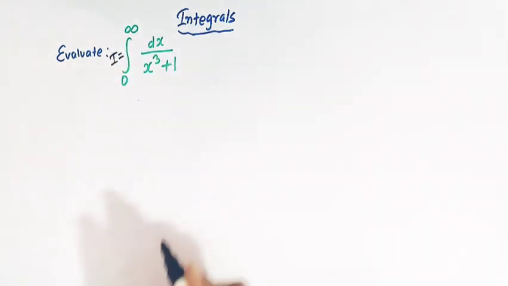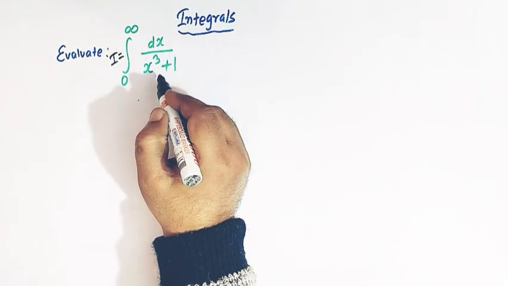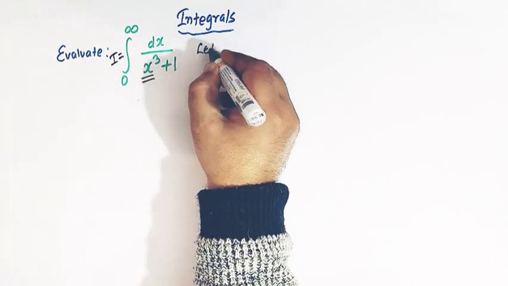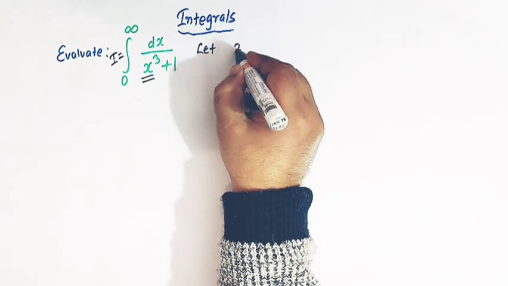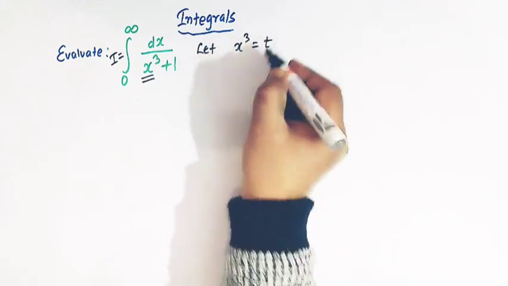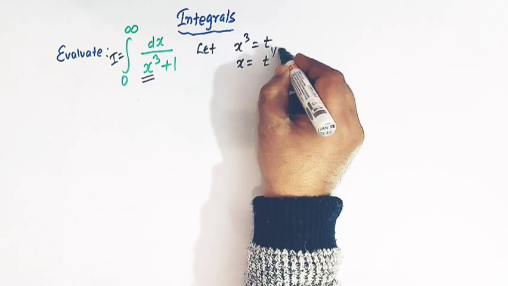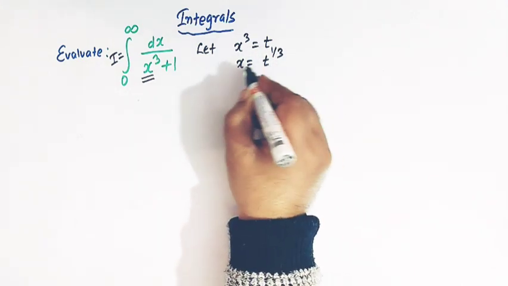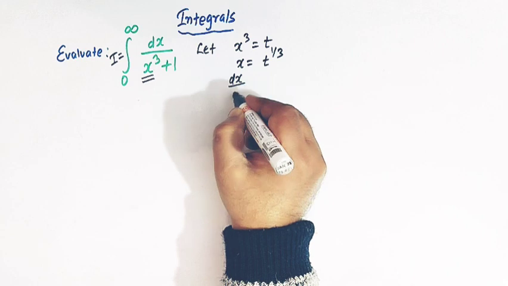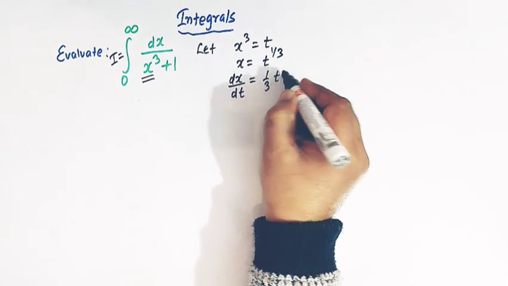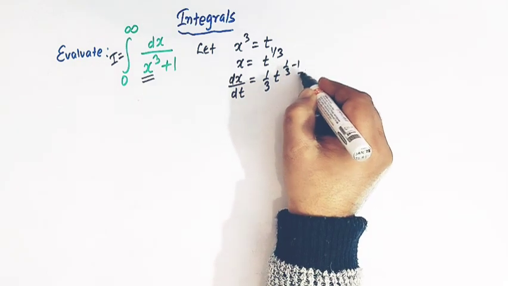So again, we'll take help of the method of substitution. So here we'll make this substitution, that is let x cube is equal to t, right? So x can be written as t raised to 1 by 3. So differentiating both sides with respect to t, we have dx over dt is equal to 1 by 3 t raised to 1 by 3 minus 1.